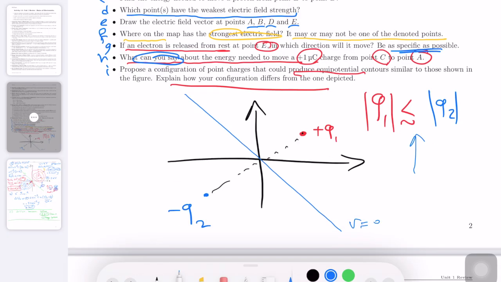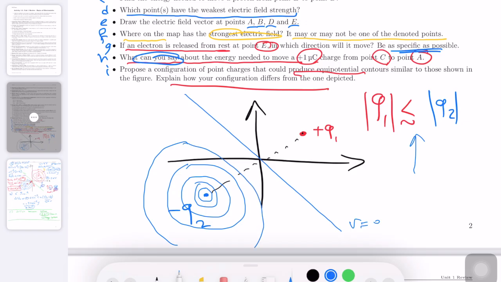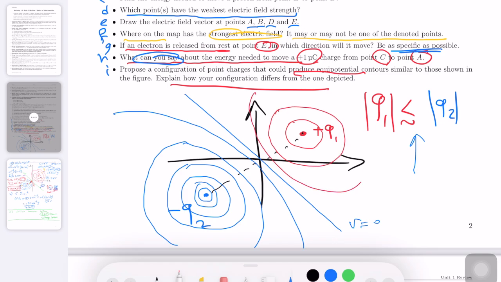I would draw the contour for this one slightly tighter, and for plus Q1, I would draw them a little bit wider to convey that the Q1 charge is slightly smaller than Q2.